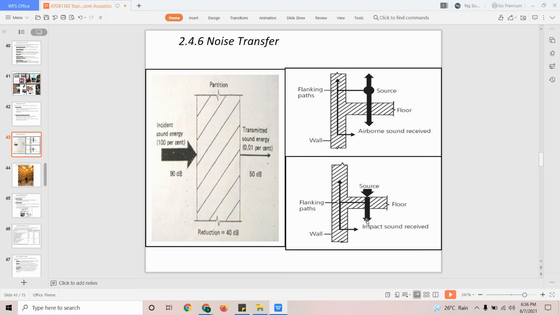Even if it's an impact sound, it won't be impacting directly at the building, but the level of sound generated will be very high, a very loud sound, when it comes from impact generated sound.